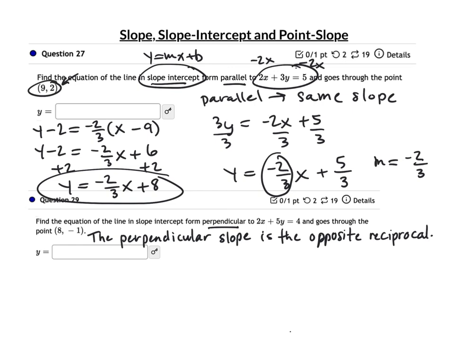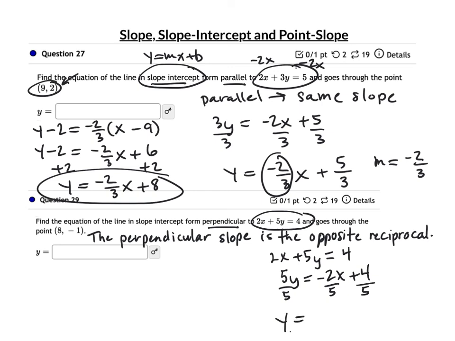So the first thing we have to do is, just like we did on the previous question, we have to find the slope. So let's take that equation, 2x plus 5y equals 4, and we'll subtract 2x from both sides. 5y equals negative 2x plus 4, and we'll divide everything by 5, and I get y equals negative 2/5 x plus 4/5.